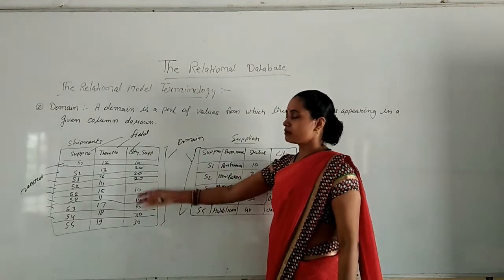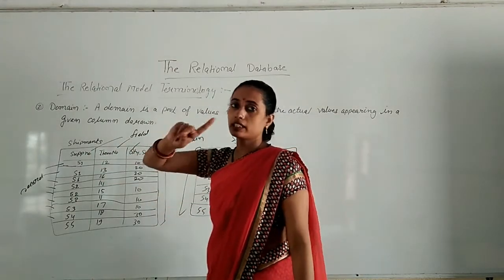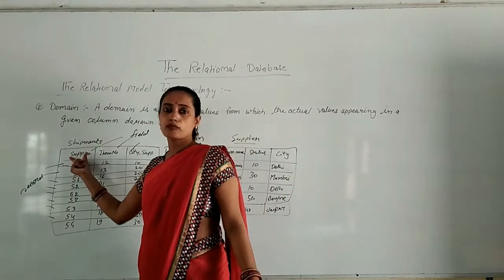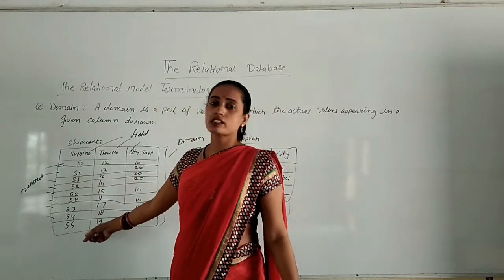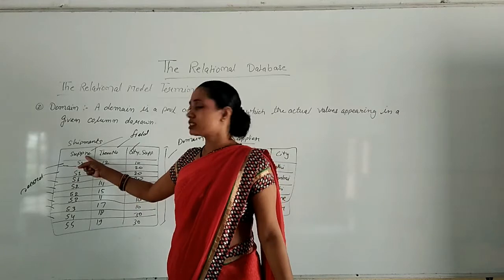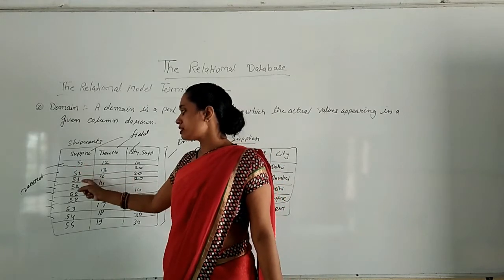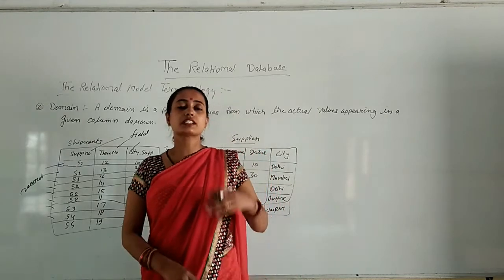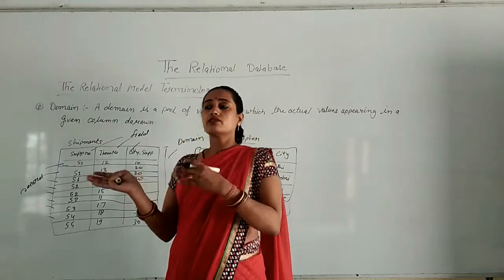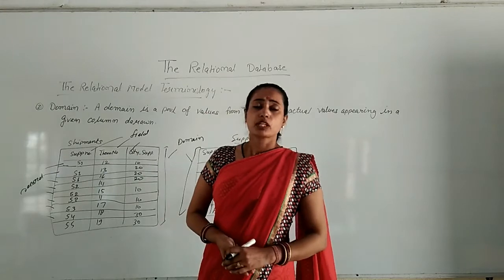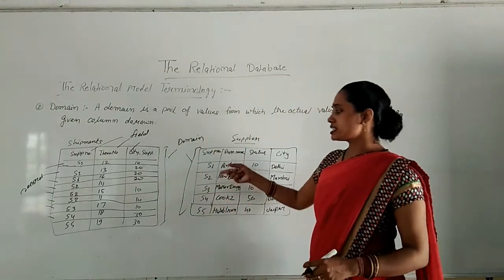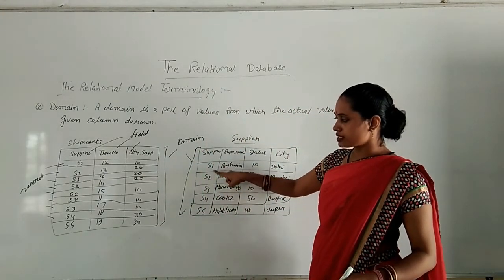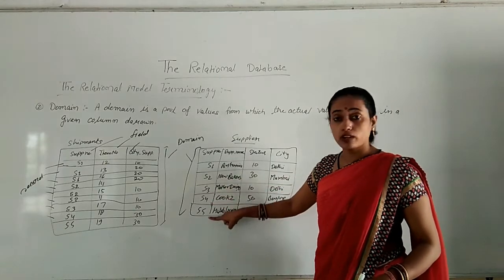Like in the first table, you can see I am taking a single example here, supplier number. You can see there is repetition of the supplier number, that is S1, S1, S1, S2, S2, S3, S3 and S4 and S5. There is a repetition of S1, S2 and S3. And here you can see S1, S2, S3, S4 and S5.